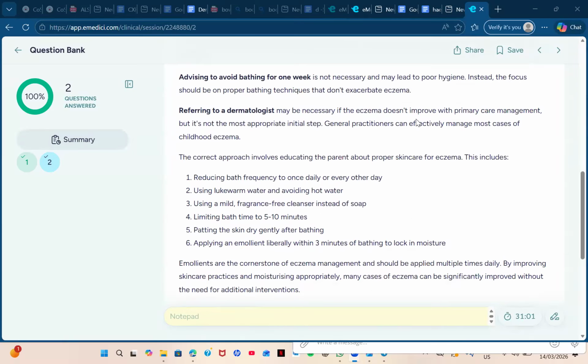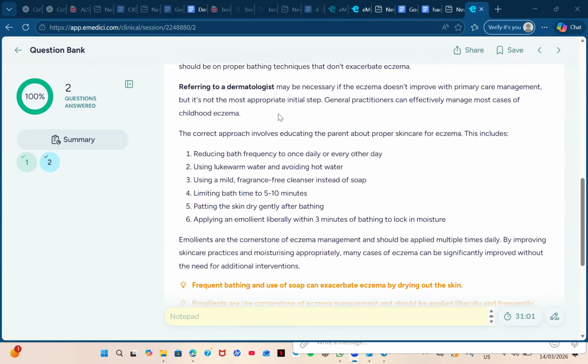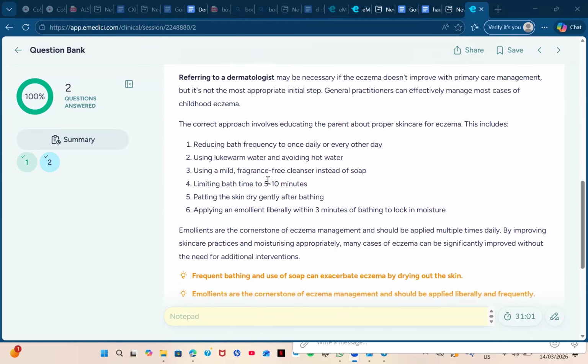If you don't have this question in your notes, just take a screenshot and keep these things in mind. The correct approach involves educating the parents about proper skin care for eczema. Reduce bath frequency to once daily or every other day, using lukewarm water and avoiding hot water. Use a mild fragrance-free cleanser instead of soap.